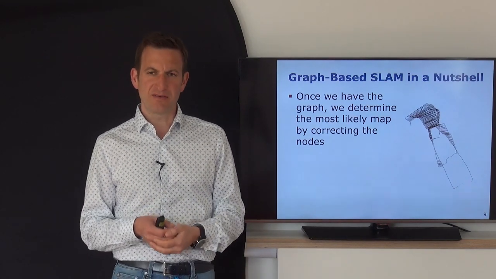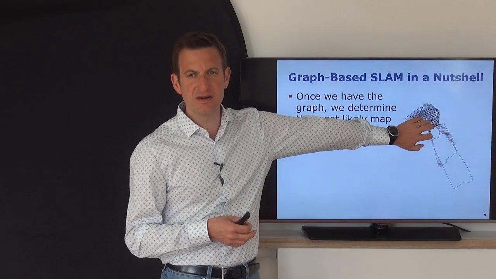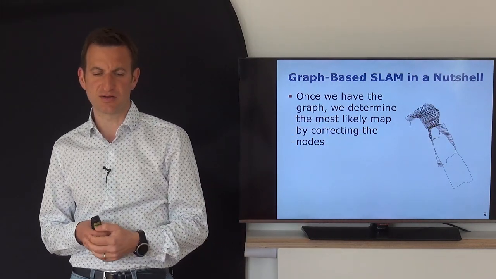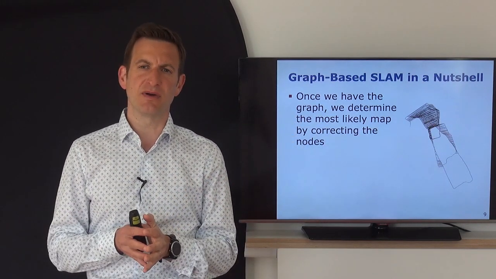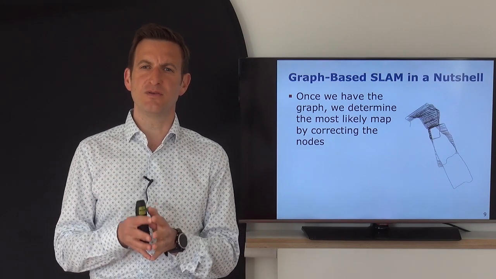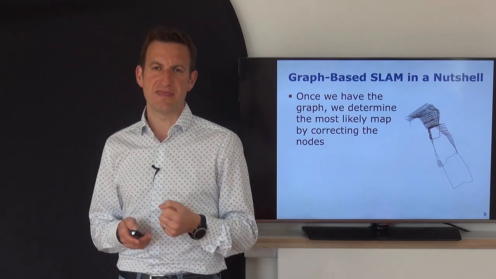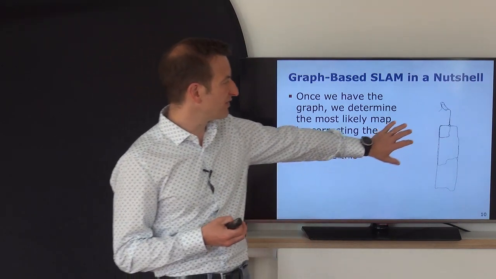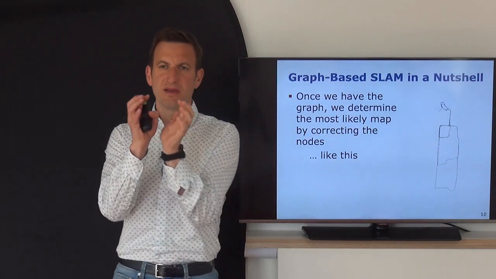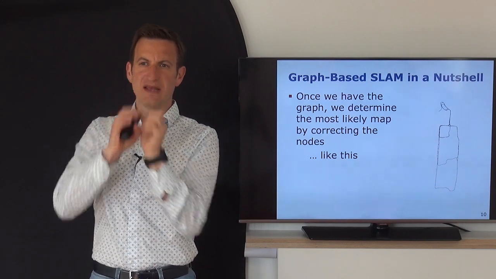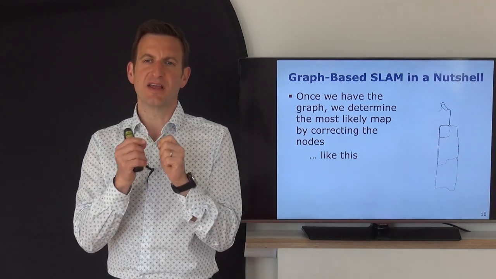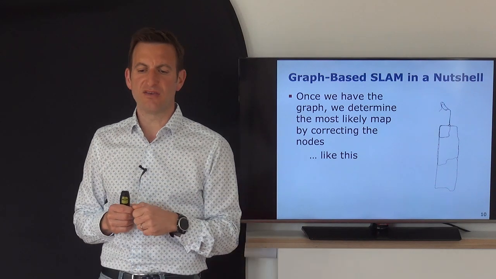So what the graph-based SLAM approach does, it takes this graph structure as an input, and performs a least squares minimization so that it finds new configurations of the poses that minimize the errors introduced by the constraints. And this will lead then to a map that looks like this, where all the trajectories are now overlaid with each other, and the quadratic error introduced by those constraints is minimized.